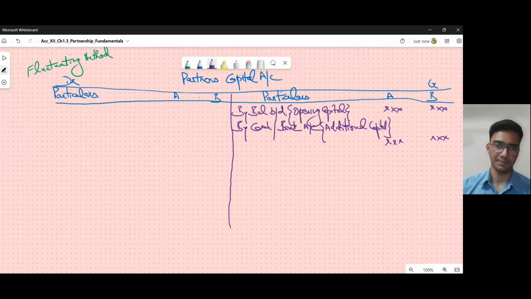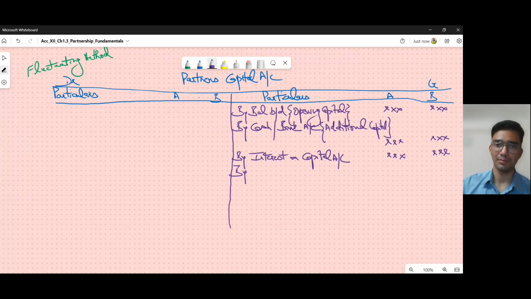What else did we write? The next item that we wrote was by interest on capital account. So if we are giving interest to these partners, that balance also we are writing for the two partners.